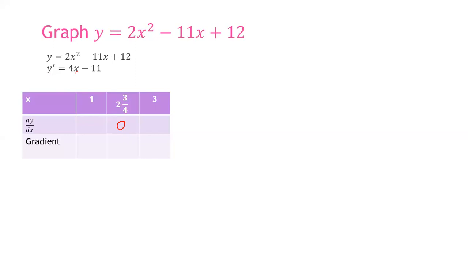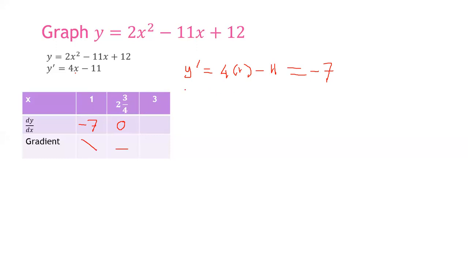So how about if you substitute 1 here, the number below the stationary point? If 1, this first derivative becomes 4 times 1 minus 11, and it becomes negative 7. So negative 7 here, and the gradient means decreasing because it is negative. If 0, it means no decrease, no increase. So how about 3?